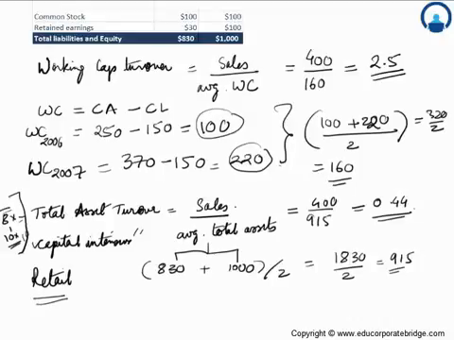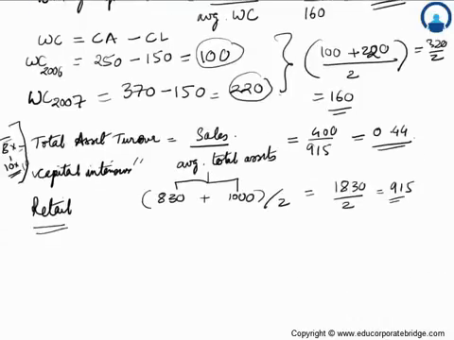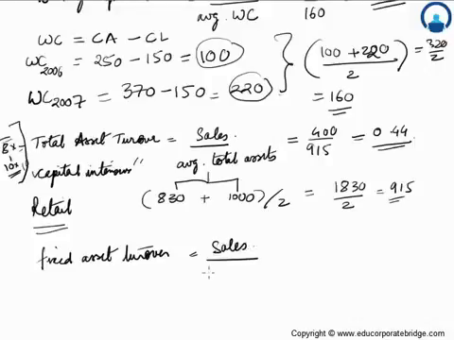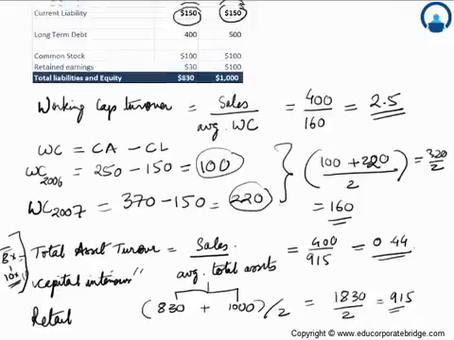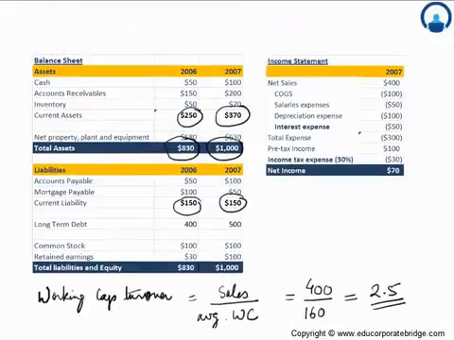Now let's look at the follow-up of the total asset turnover. We call that the fixed asset turnover. So fixed asset turnover is defined as sales divided by your average net fixed assets. So your sales is 400, but let's look at what is the net property, plant and equipment or net fixed assets.